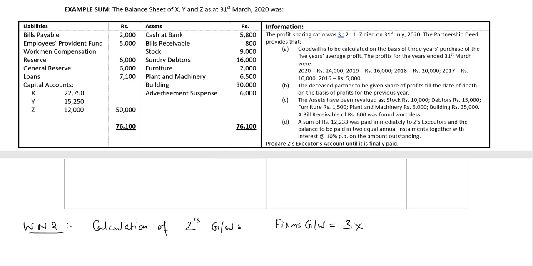So 3 multiplied by the total of the 5 years, which is 24,000 plus 16,000 plus 20,000 plus 10,000 plus another 5,000, 75,000, divided by 5 to get the average profits. So this is equal to rupees 45,000.